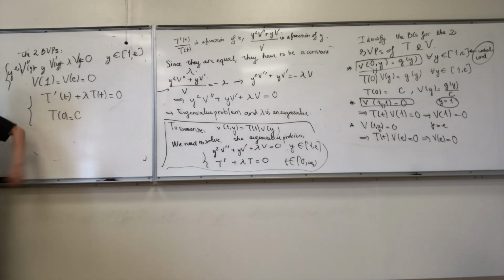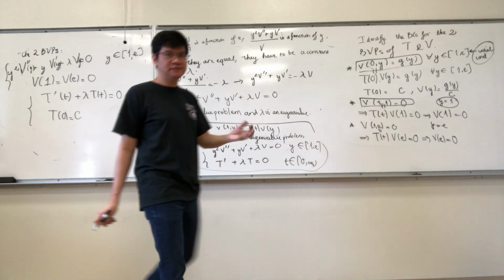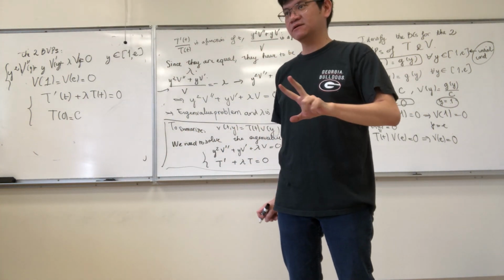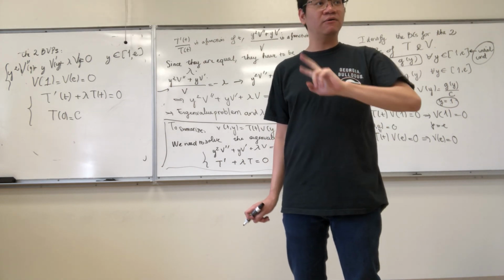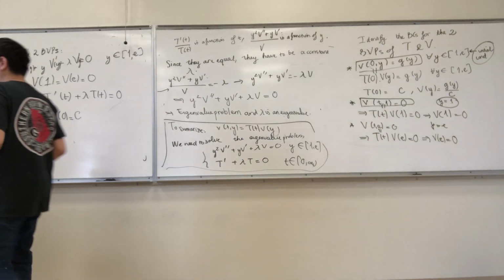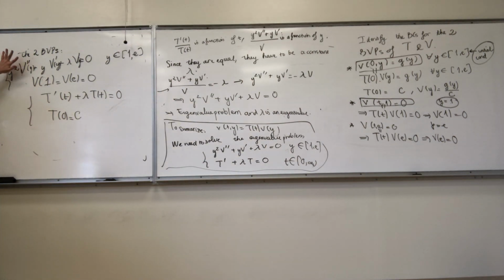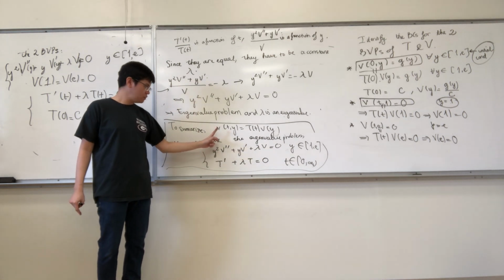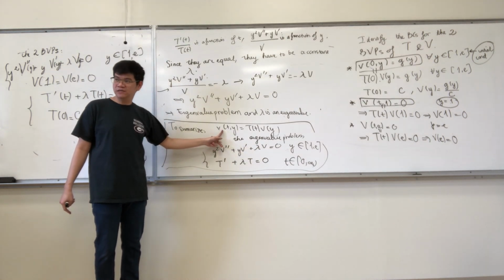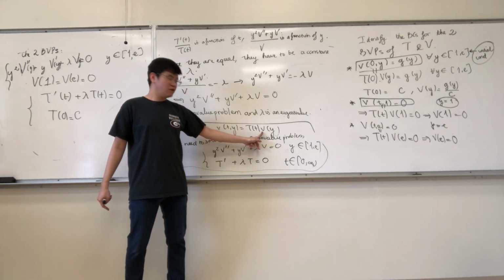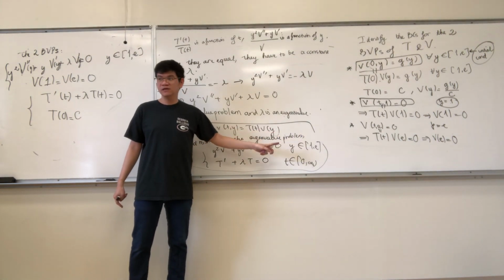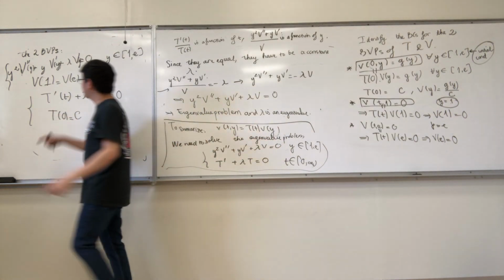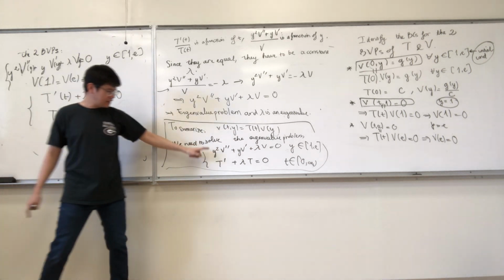It's clear? So the whole idea of solving PDEs is to turn the PDEs into 2 boundary value problems. That's it. 2 ODEs. So in all of this work, you have to do the separable technique, in which you suppose that the solution T is the product of a function of T and a function of V. You plug this product into the equation, and you get the first equation and the second equation.